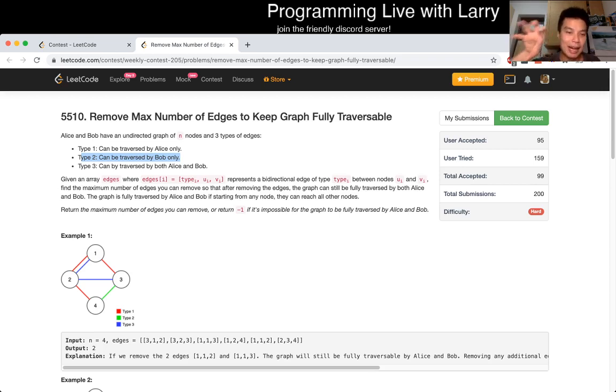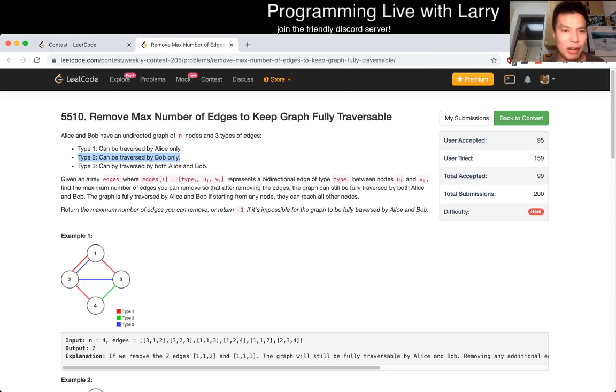Given that the type 3 edges are already set and you have these forests and you have to connect the forests, the short answer is if there are m forests created by type 3 edges, then there's going to be at most m-1 edges kept by type 1, and also m-1 edges kept by type 2, right? So knowing all these things, you can just do it in a greedy way.